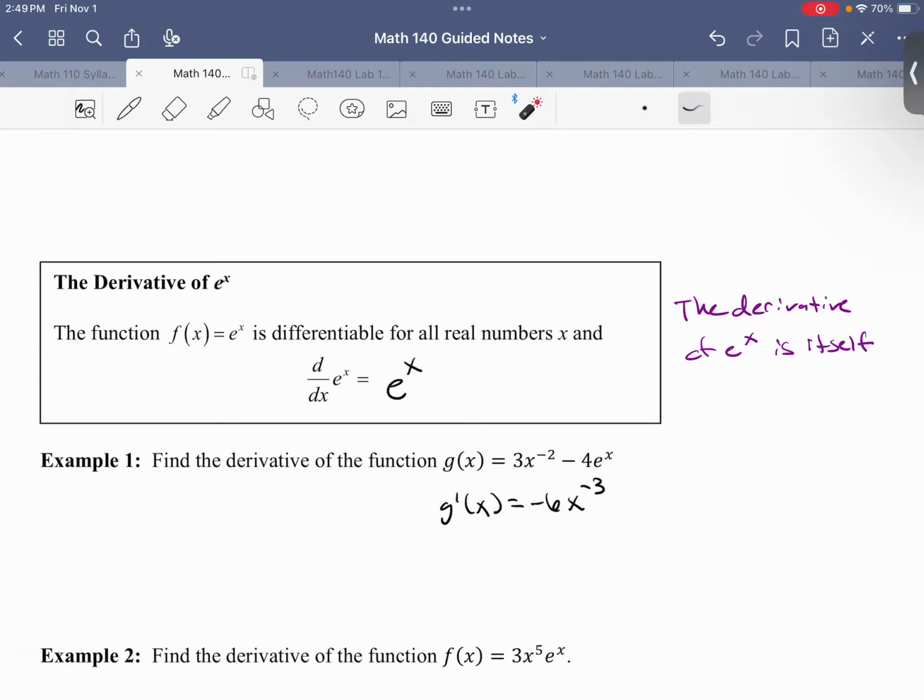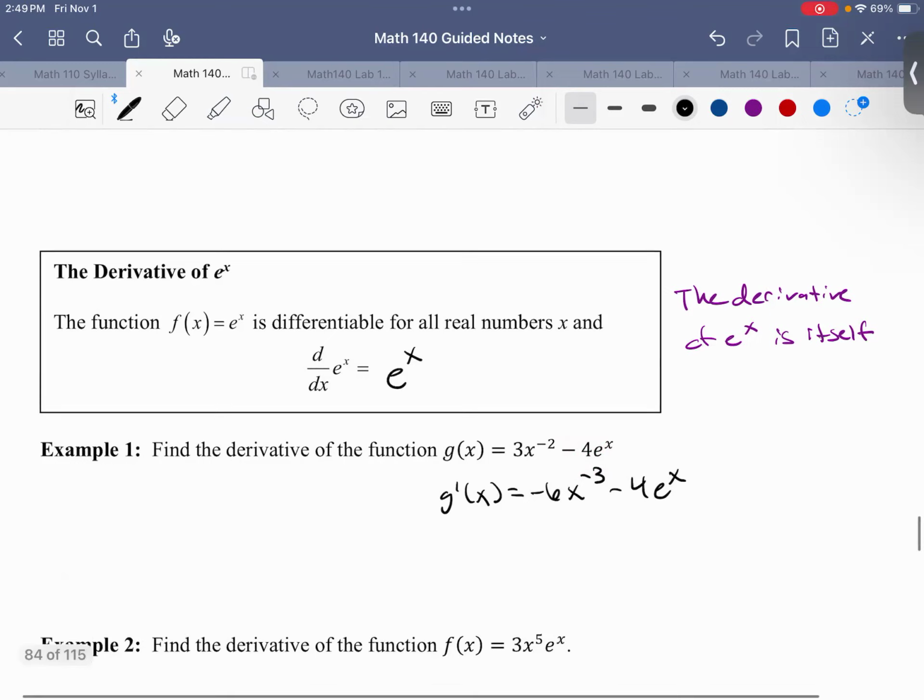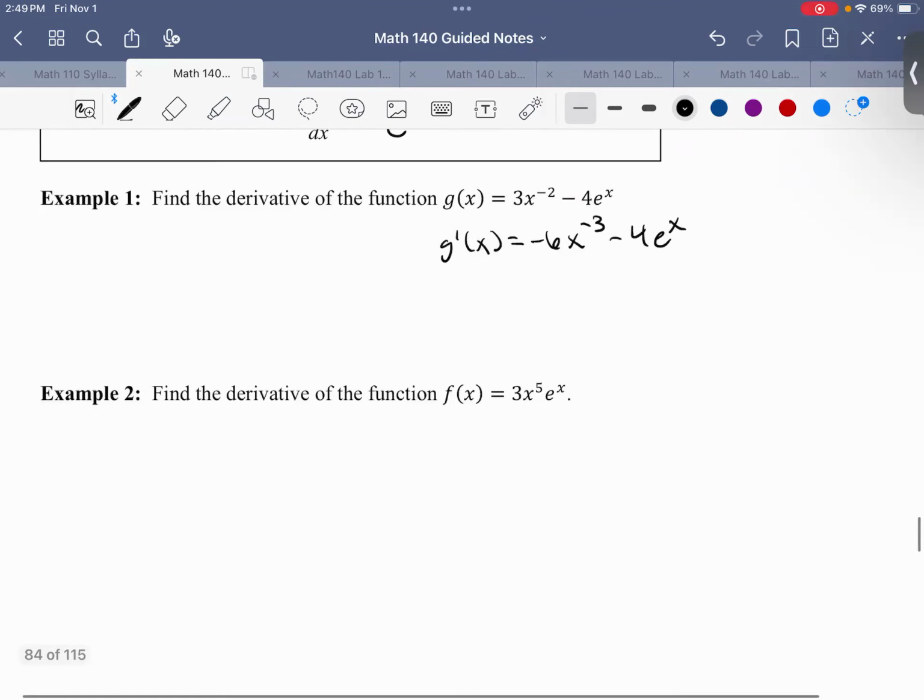And then we just saw that the derivative of e to the x is just itself. The 4 is just a coefficient, so it isn't being altered at all. It's just coming along with the e to the x. So it would be the exact same thing, minus 4 e to the x. And that would be the derivative. Let's check out another example.